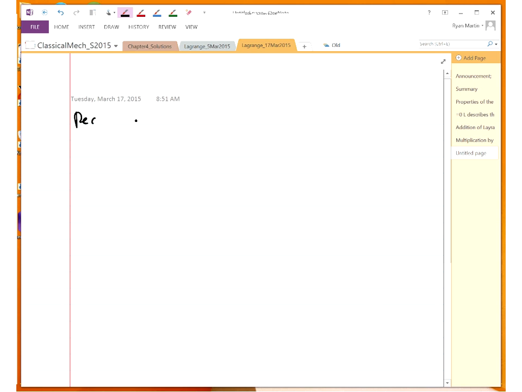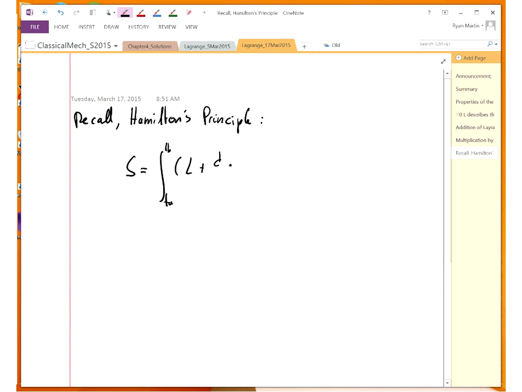So recall Hamilton's principle. Hamilton's principle just says that the correct L is the one that makes the action integral stationary. So let me do the action of our new Lagrangian, which is L plus df by dt.